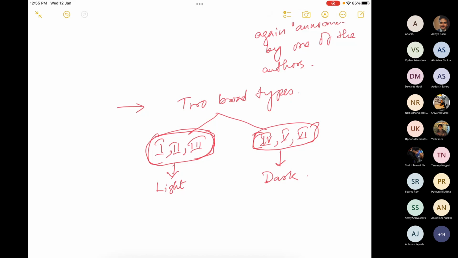The observation was that the skin types were not evenly distributed in any of these benchmark data sets. We will look into the results in the next day's lecture, but for the time being, just believe me that even if you consider only two skin types, the light and the dark, the distribution was not even in any of the data sets.